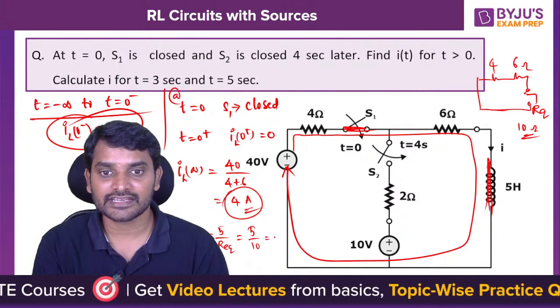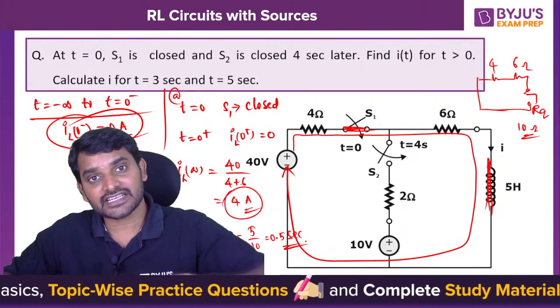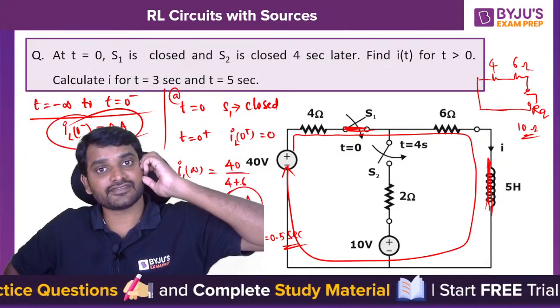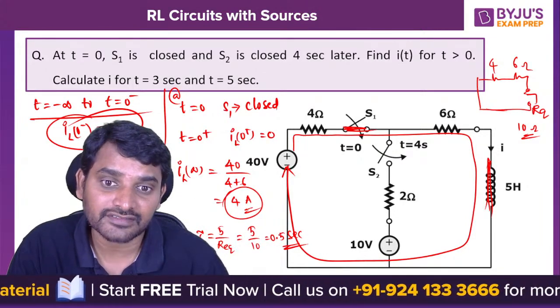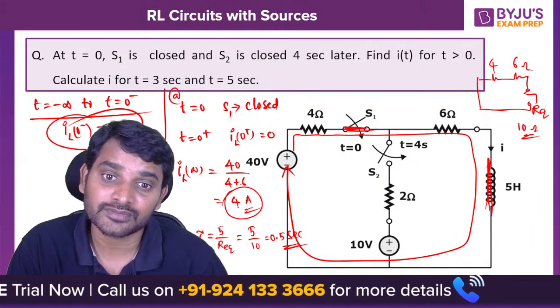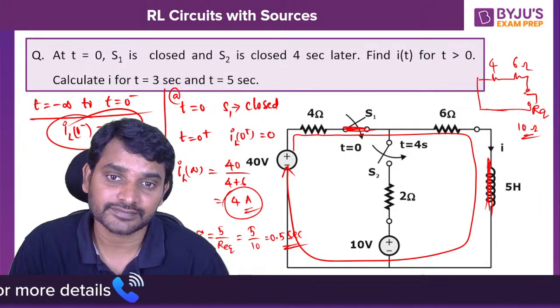So 5 by 10 will be 0.5 seconds. Within 0.5 seconds around 63.2% of the total energy will be stored, or within 0.5 seconds 63.2% of 4 amperes will be gained by the inductor.